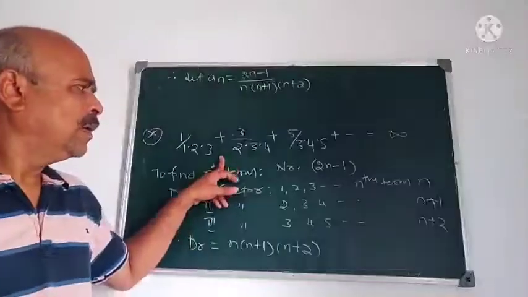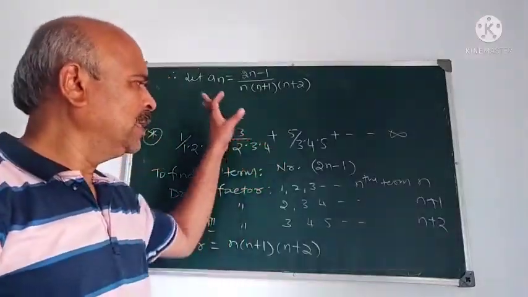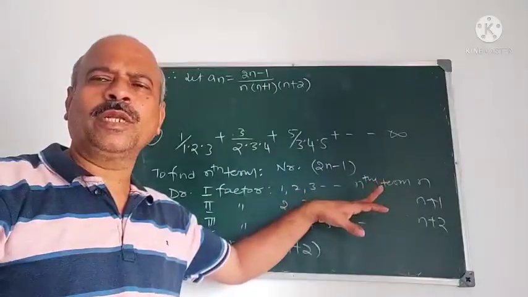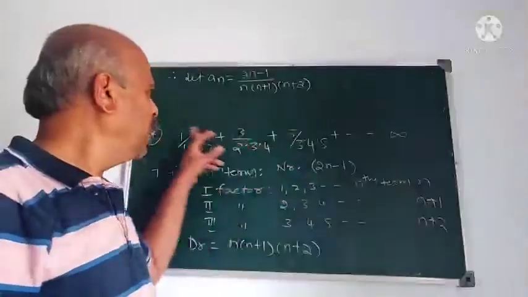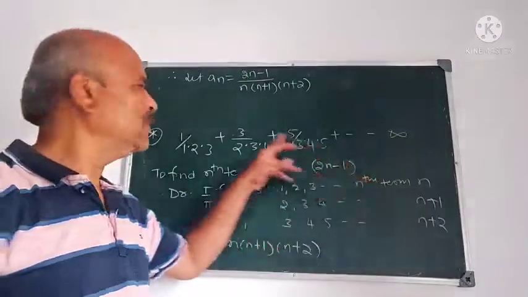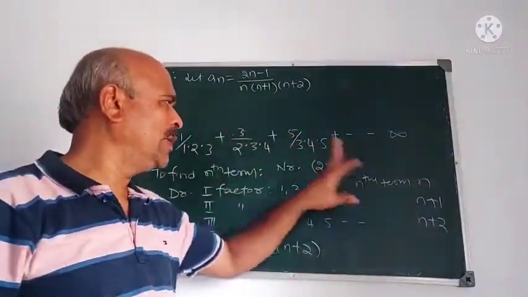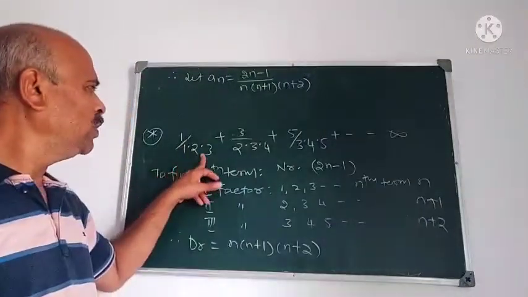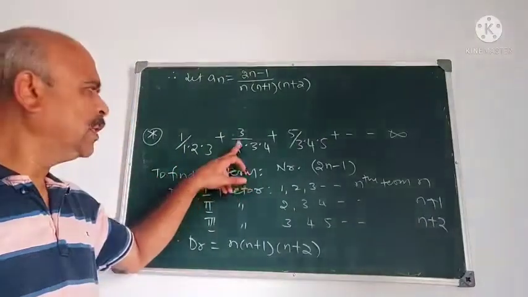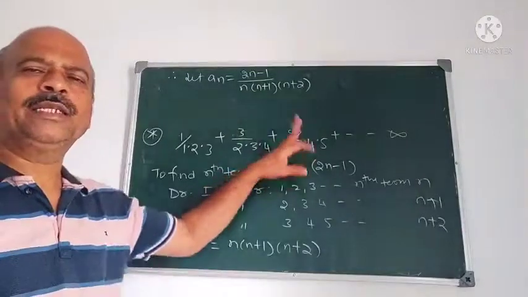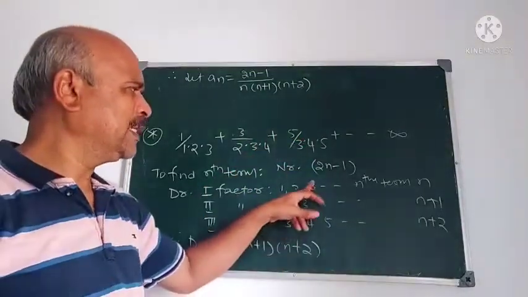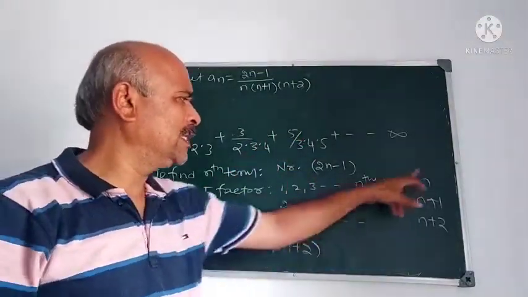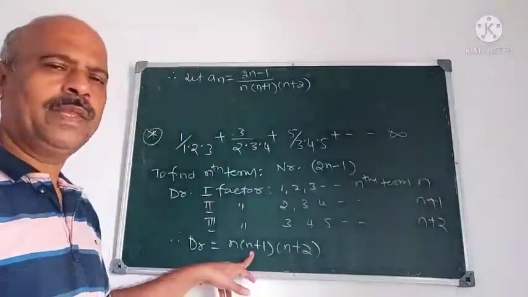Here the nth term also we have to obtain. How have we obtained it? Generalizing. Numerator is 1, 3, 5, therefore 2n minus 1. Denominator, 3 factors are there. 1 into 2 into 3. In the second term, denominator 2 into 3 into 4 and so on. That we have taken as separate factors. First, second, third and generalizing we have obtained this.